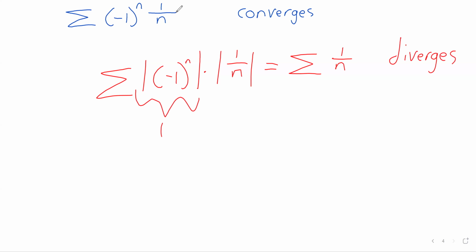When you chuck the absolute values in, the result diverges. So the original series does converge. We don't have an argument for that. I'm just telling you it's true. It does not converge absolutely.